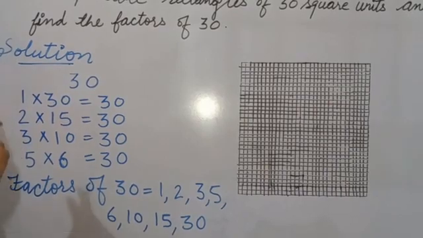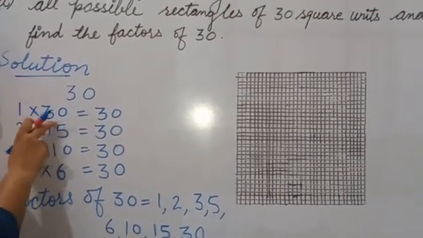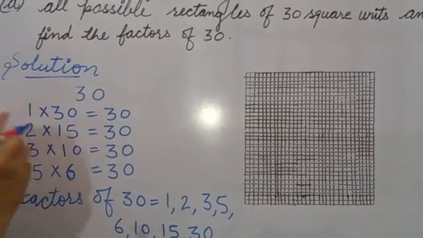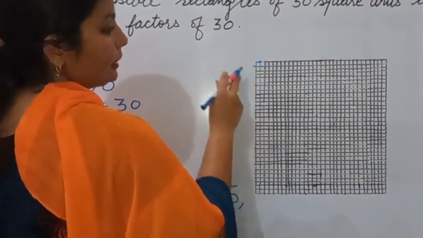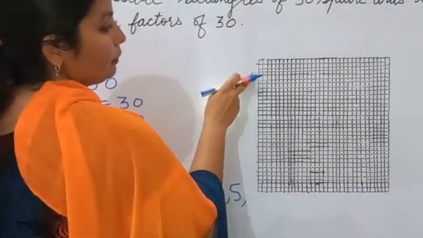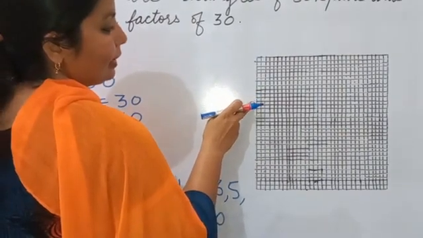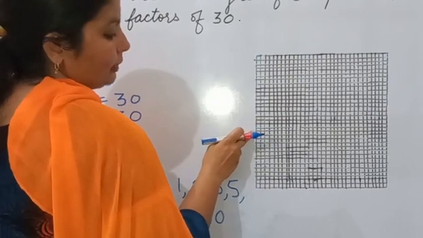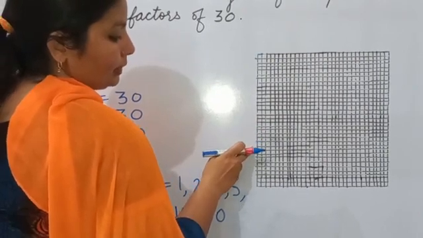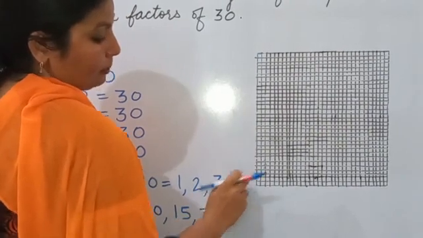How can we make them? The first rectangle we can make has 1 as length and 30 as breadth. This is 1 unit of length, and 30 is the breadth. 1, 2, 3, 4, 5, 6, 7, 8, 9, 10, up to 30.